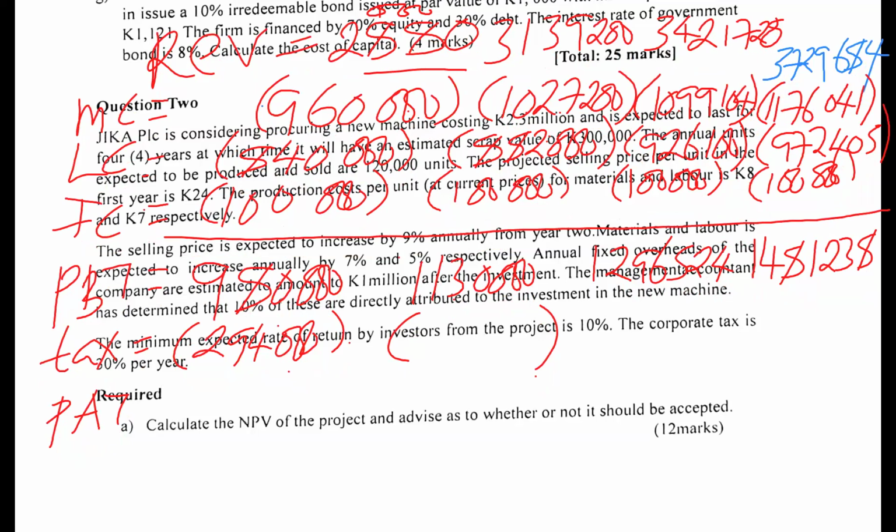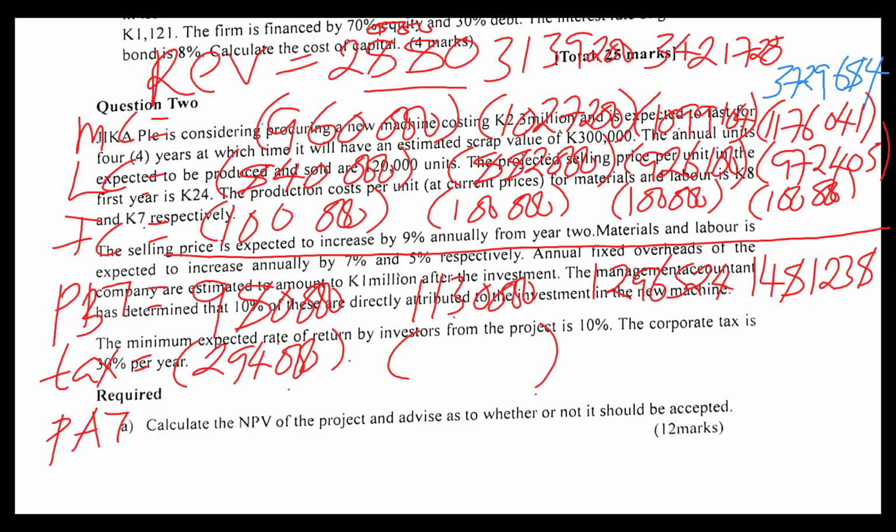339,000. What about the other one? Around 388,957. 957.